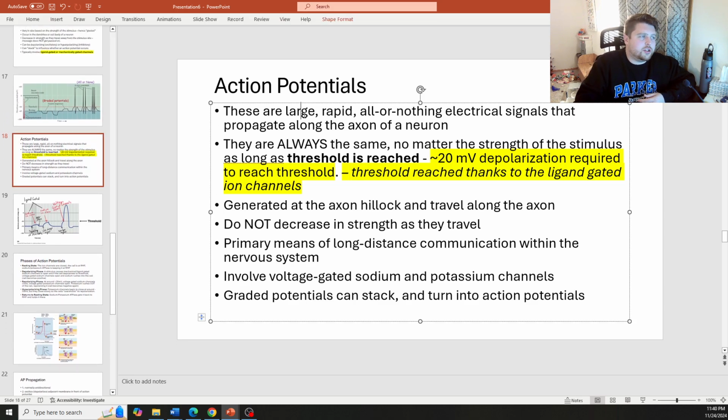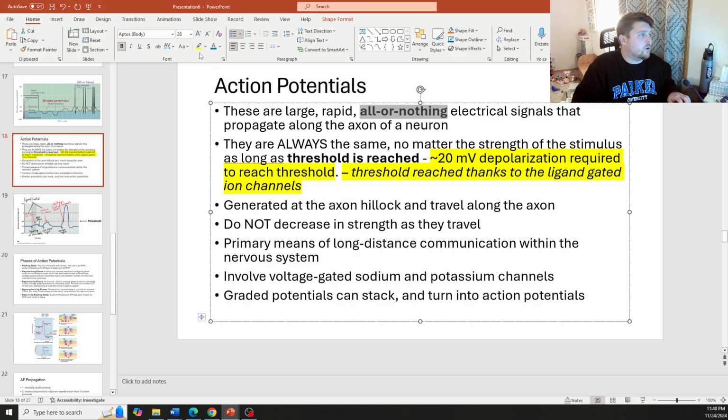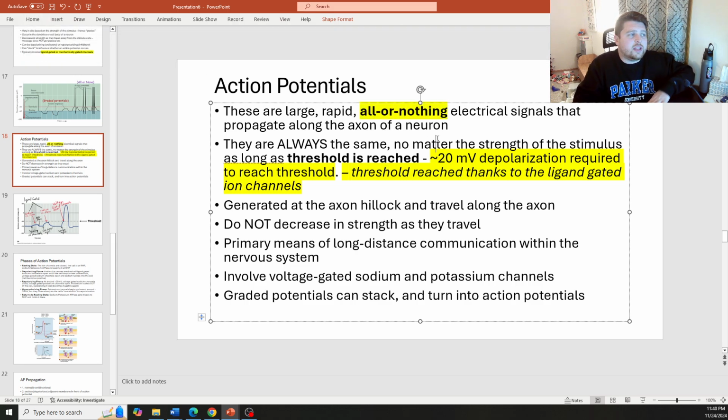These are large, rapid, and all-or-nothing electrical signals, meaning that either you get an action potential or you don't. And all of the action potentials are always the same size, no matter how strong the stimulus is, as long as you reach the threshold. So these are all or nothing. So either they're happening or they're not.